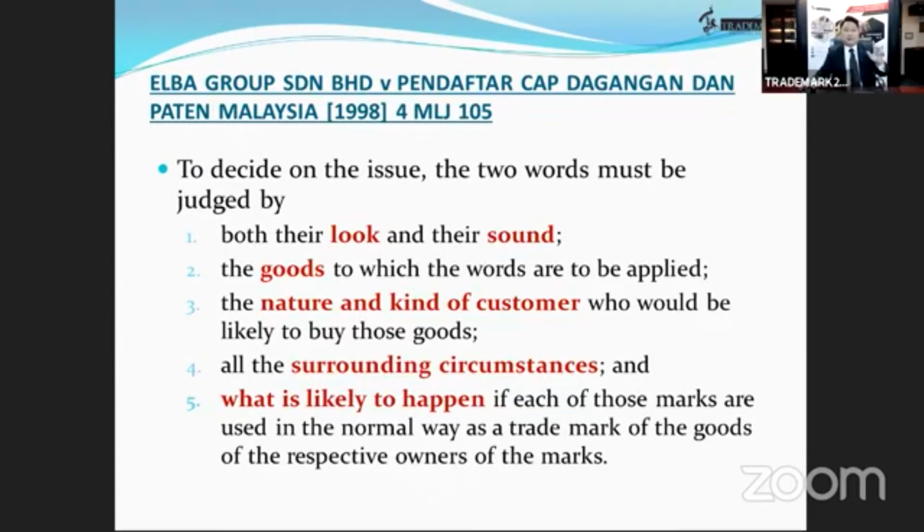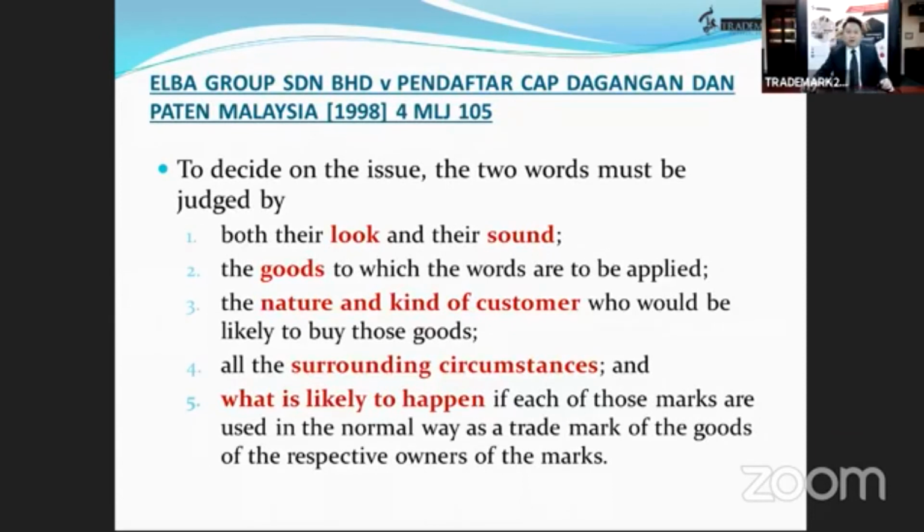Now, I'm going to teach you something. You want to know whether two marks are similar or confusing, or whether they infringe one another. The first thing you need to do is examine them by their visual look and also by their sound. Secondly, you have to see the goods or services of these two marks.